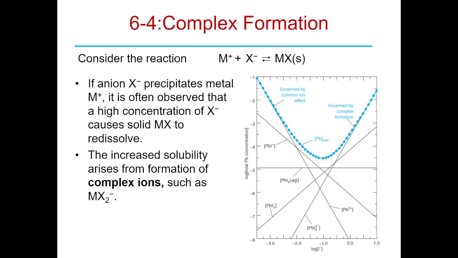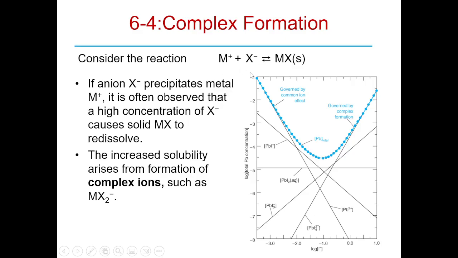So let's look at some complex formations. Remember, complex formations are similar to the opposite of a KSP, but they don't always have to be a solid. Okay? You can have complexes that are not solids. So let's consider this reaction right here. We have a metal that precipitates whenever it hits an anion of some sort.